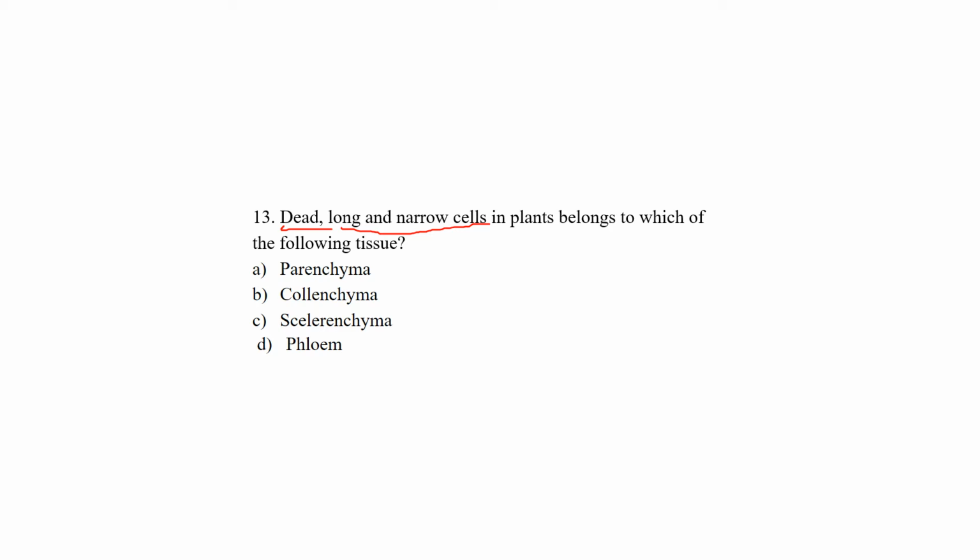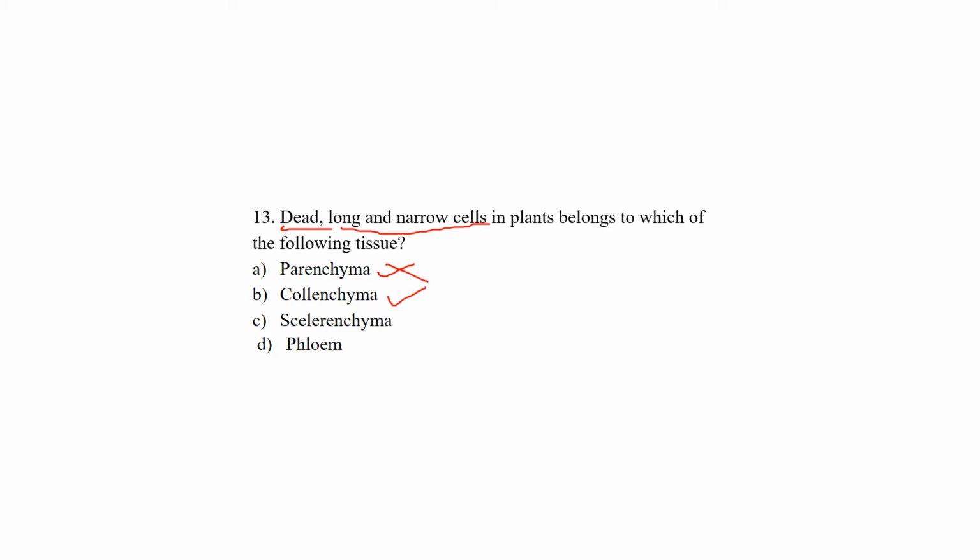For example, first we are taking parenchyma. What are the characteristics of parenchyma, dear students? If you remember, parenchyma cells have very large spaces, meaning parenchyma is a very large tissue. Here the option is narrow, so definitely parenchyma will not be the option of this question. Then come to collenchyma.